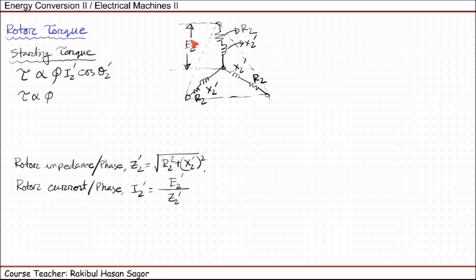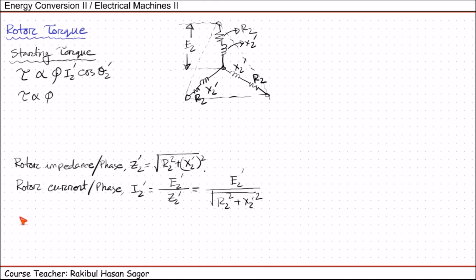This is the E2 prime at standstill, and this is the Z2 prime. So the current per phase will be E2 prime divided by Z2 prime, which can be written as E2 prime divided by root over R2 square plus X2 prime square.